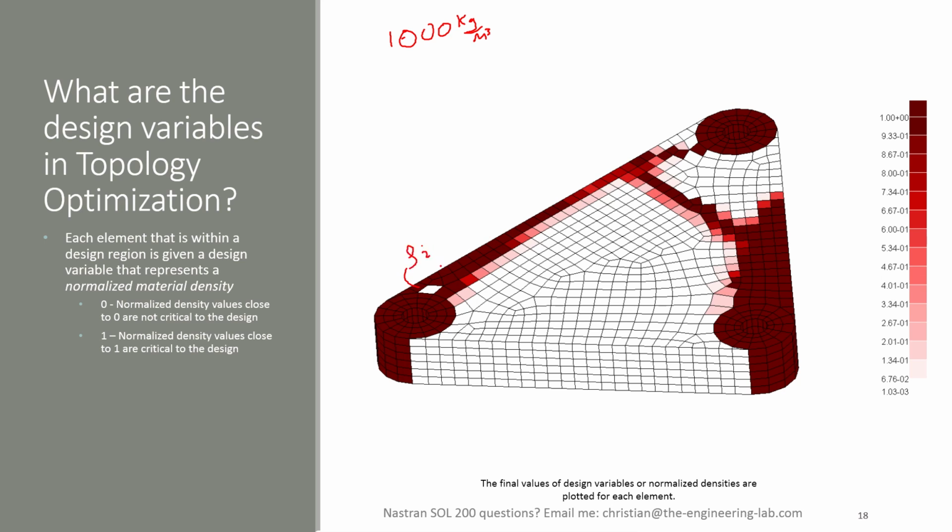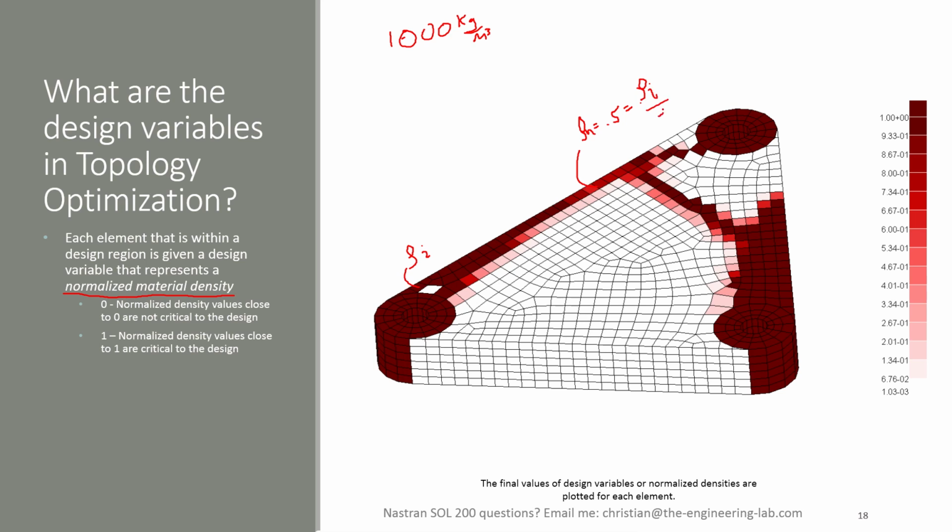Here I'll say a density, rho i. The design variables in this case are normalized material densities. So let's randomly pick one element and say that the normalized density, rho n, is equal to 0.5. If the normalized material density is 0.5, what is its actual density for this design cycle?